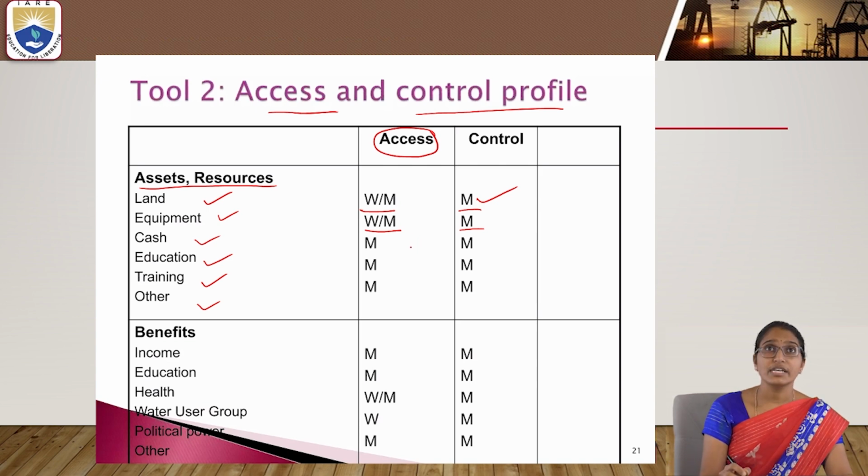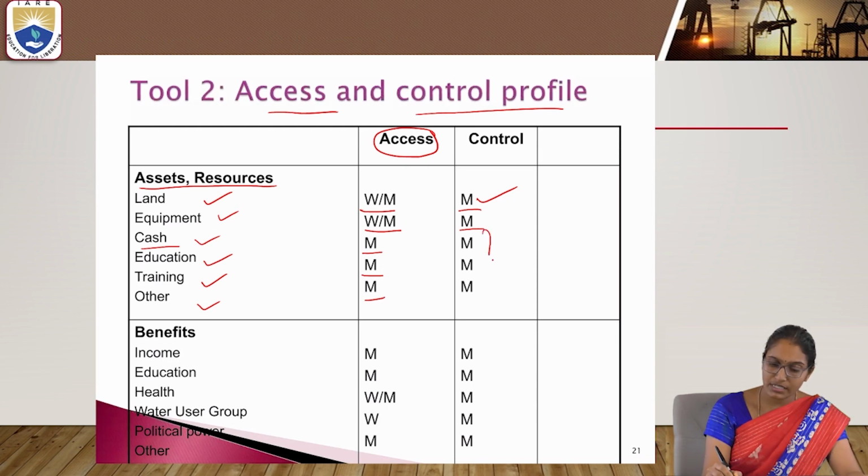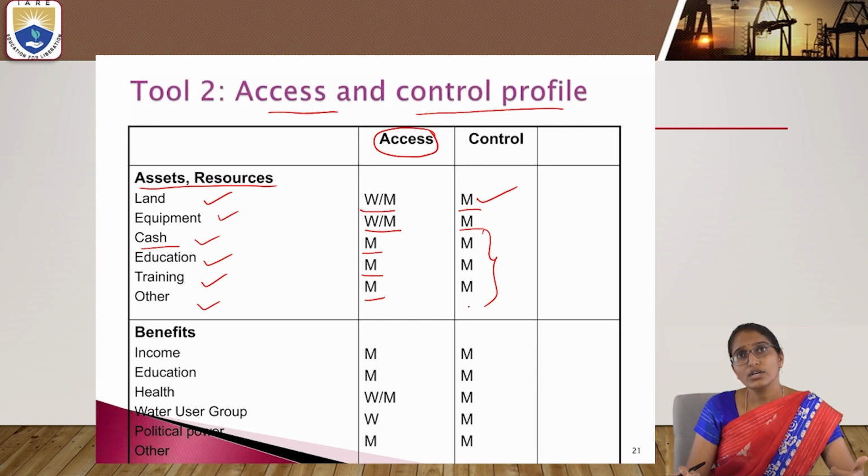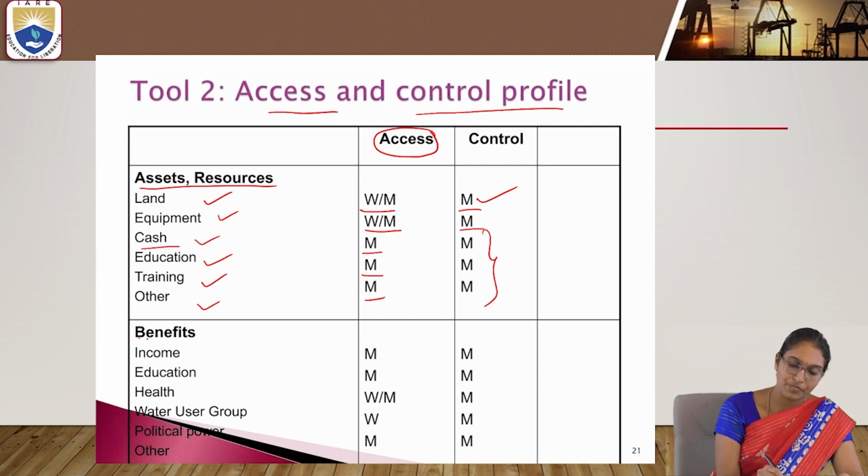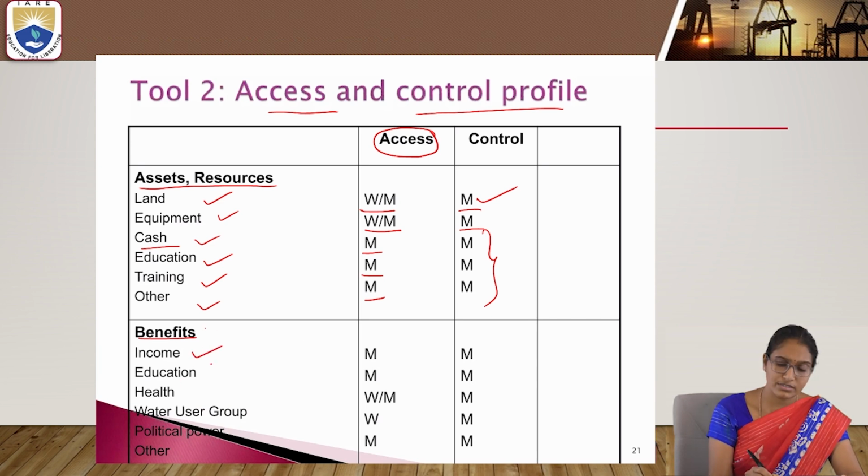With respect to cash, we all know that society always says men have control over the money, though this is changing nowadays, but that is the general terminology we are talking about. And education: mainly men have the access to go for higher education as well as training, and they have the control over all these. Now the benefits: who will get the benefits here? Income is one of the benefits, and education.